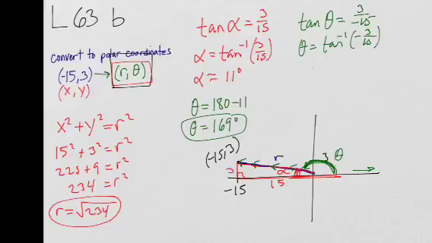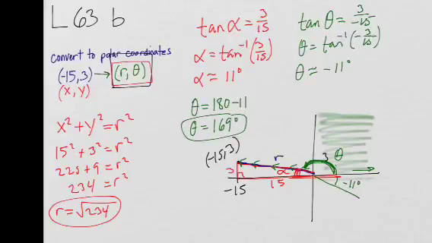Now try this on your calculator. On my calculator, I get approximately negative 11 degrees. Well, what's up with that? Negative 11 degrees is down here. That's because, this is a little bit weird, but the tangent ratio on your calculator only calculates angles between 90 degrees and negative 90 degrees, only over on that side.